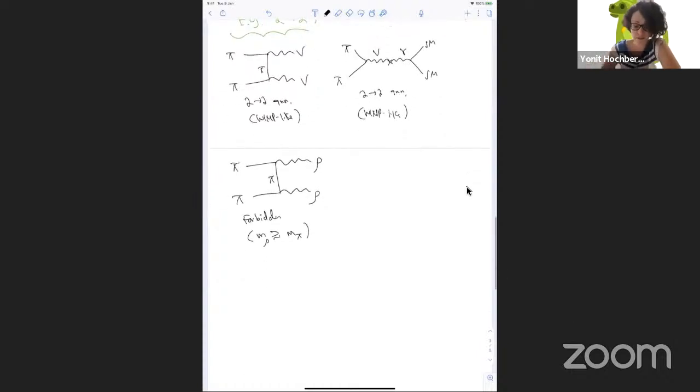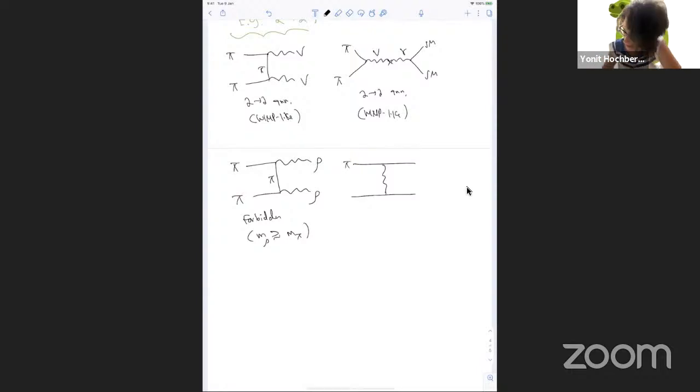Let's write down a couple of other processes at the 2 to 2 level. We can also have elastic scattering processes, which we saw played an important role for the WIMP and for the SIMP as well. This is a process that can maintain kinetic equilibrium between our dark sector and the standard model.